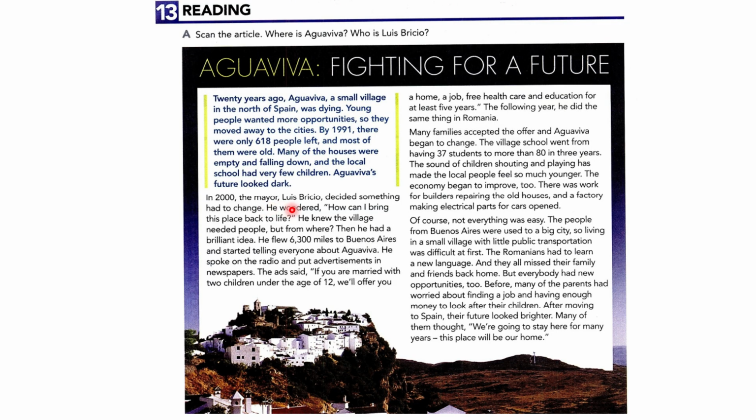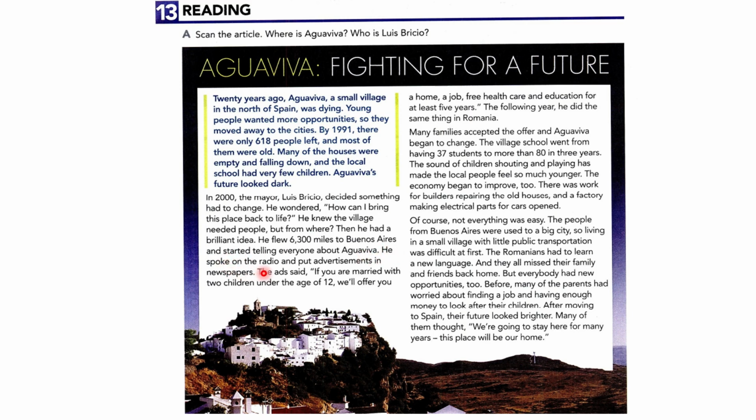So in 2000, the mayor, Luis Bricio, decided something had to change. He wondered, how can I bring this place back to life? He knew the village needed people, but from where? Then he had a brilliant idea. He flew 6,300 miles to Buenos Aires and started telling everyone about Agua Viva.